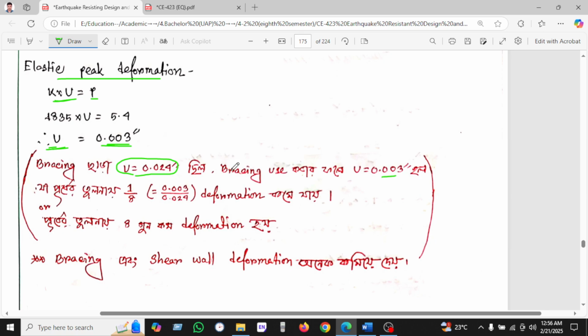So when we insert bracing, it reduces the deflection by less than 1 by 8 times. So we can see using bracing is very good for controlling deflection.